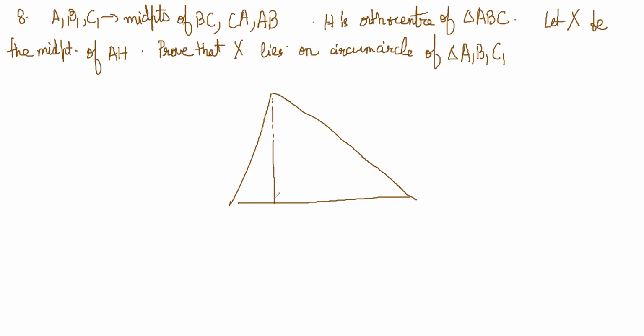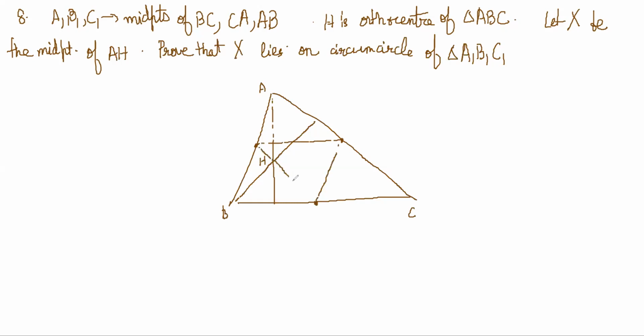So this is the triangle. This is orthocenter, A, B, C. I want a triangle here, triangle here, triangle here. This is my medial triangle.